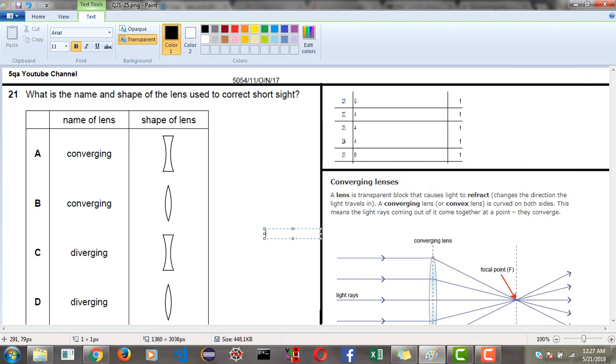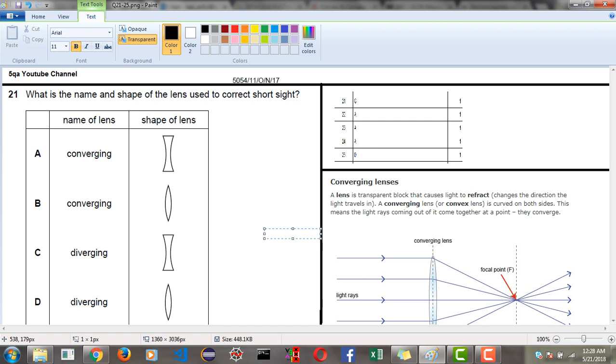What does question 21 ask us? What is the name and shape of the lens used to correct short sight? Okay, now what is short sight? We need to know that short sight is kind of a disease in which a person can see the images that are close in range, but he cannot see the images that are far from his eyes.